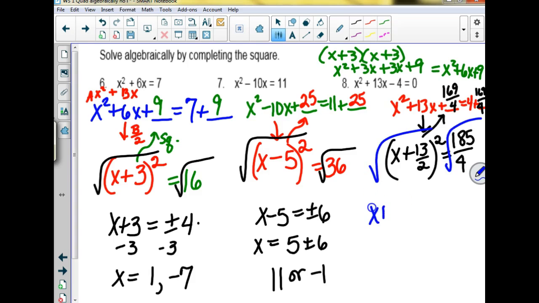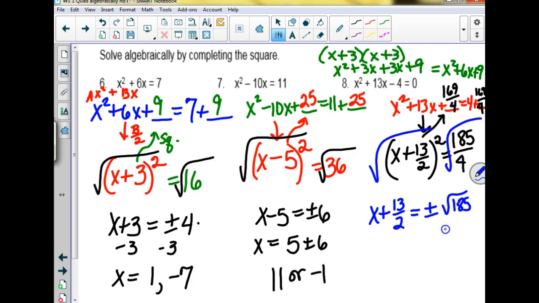On the left, we just get x plus 13 over 2 equals plus or minus. This is the moment that things get a little better because you did fractions. Okay, you can't leave a decimal in a radical. Another weird mathematician rule. But the top is square root of 185.